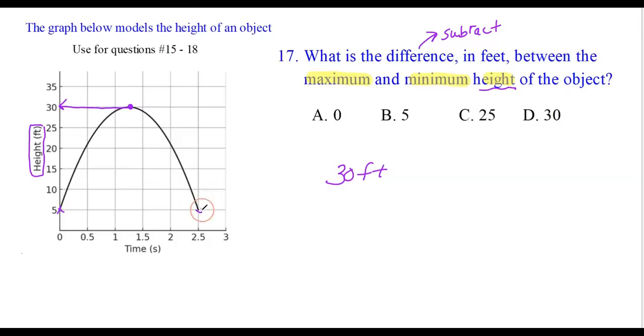And here. It occurs two times. What is that minimum height? Well, now I read this number over here. That's 5. So the minimum height is 5 feet. We subtract, because it's the difference between the two. And what's 30 feet minus 5 feet? That's 25 feet. Matches up with C.